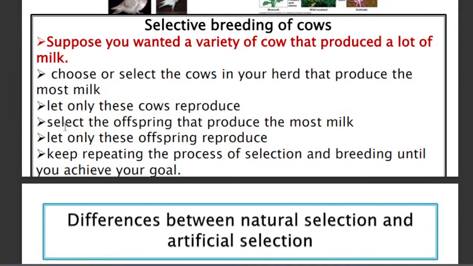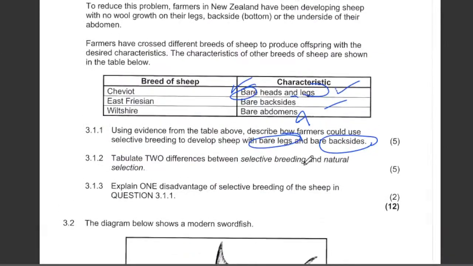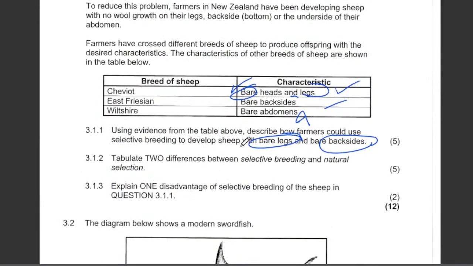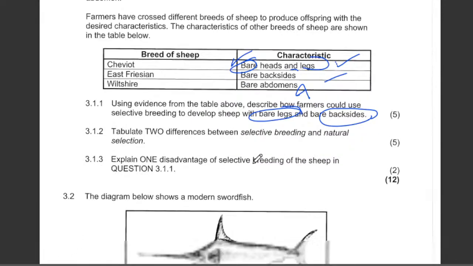When they get the offspring, the offspring that produce these desirable characteristics, the one who has bare legs, and then this, you cross them again. You see, you cross the offspring that can produce this characteristic. You let this offspring reproduce again. You understand? So at the end of the day, you have animals with this and this together. One animal with those two characteristics. That's how you're supposed to explain.